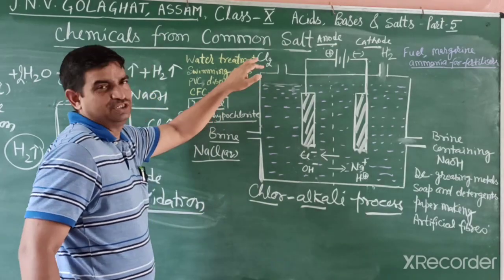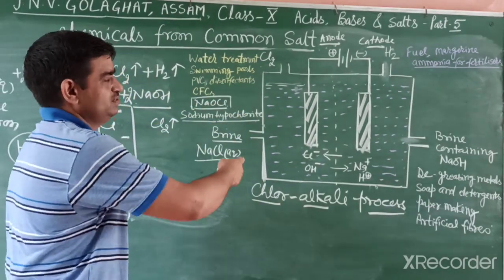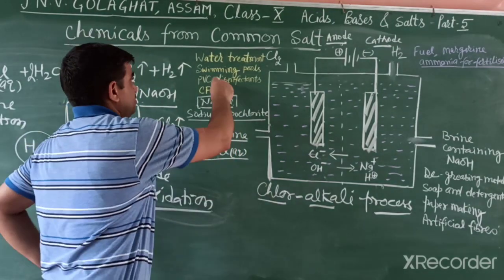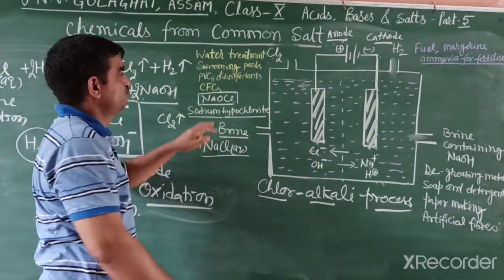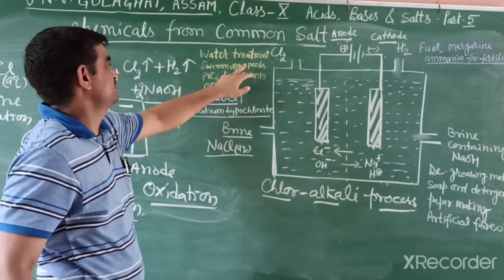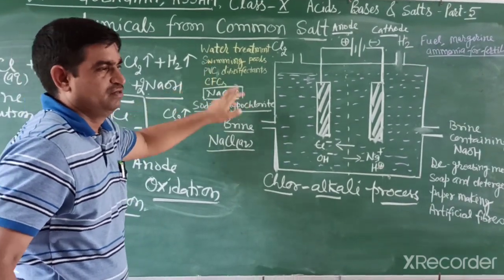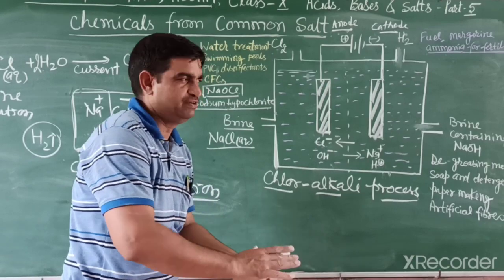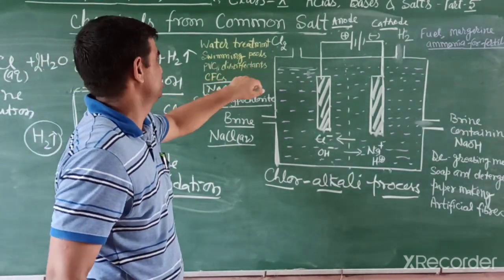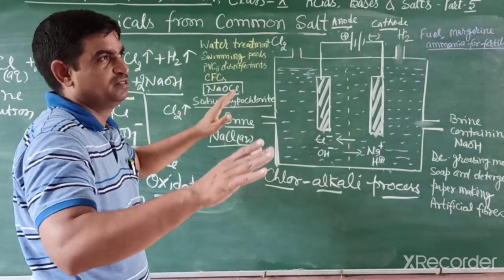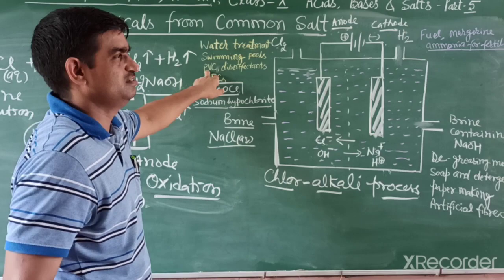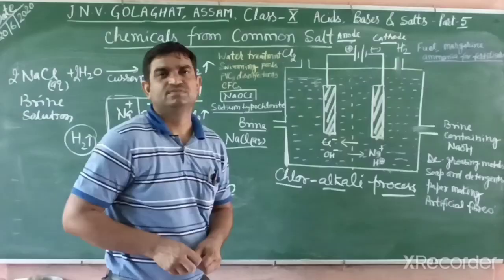And what are the uses of chlorine? Chlorine is a highly poisonous gas, and it's used for water treatment. Water treatment means disinfection of drinking water. In swimming pools, to clear all the germs and microbes, we pass chlorine gas. PVC cables and polymers are also prepared from chlorine gas.